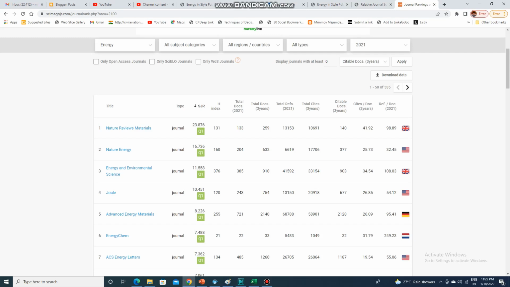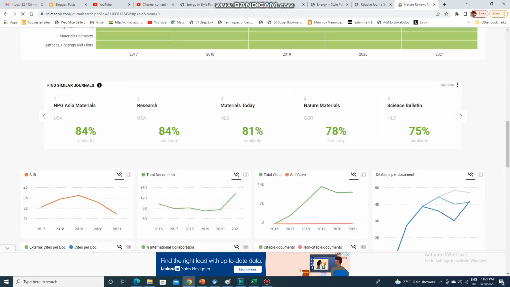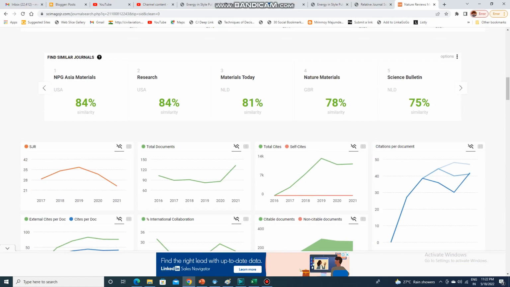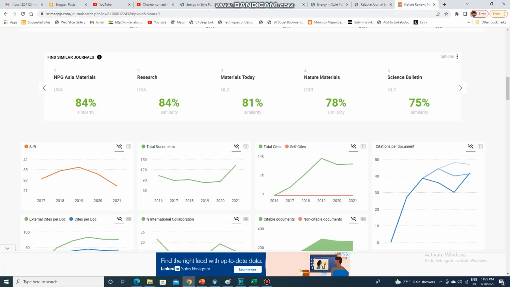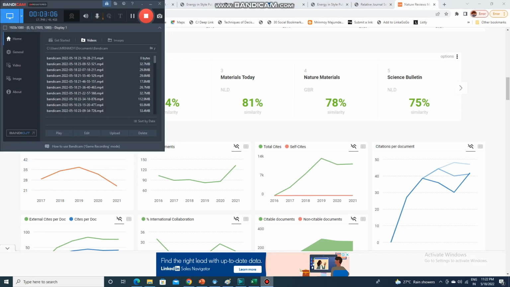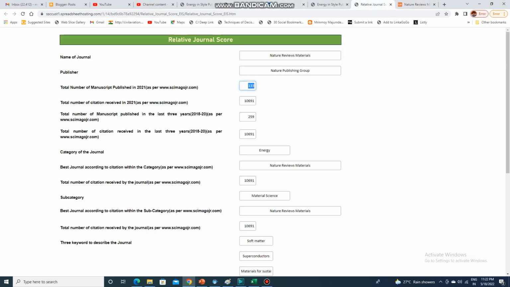So what you will do is you go to the SCImago journal rank page, and there what they want is total number of citations received. So total cites is 10,691. Write it here, 10,691.